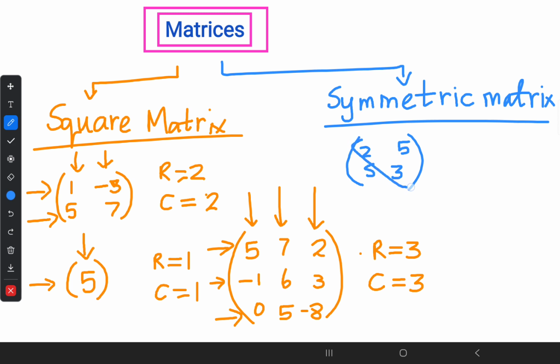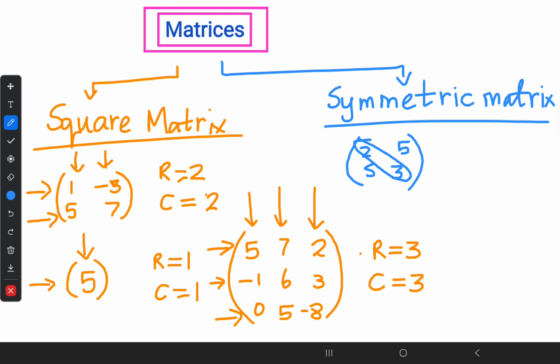This is called the main diagonal. In the square matrix, with respect to the main diagonal, if the right hand side and left hand side values are the same, this is called a symmetric matrix.